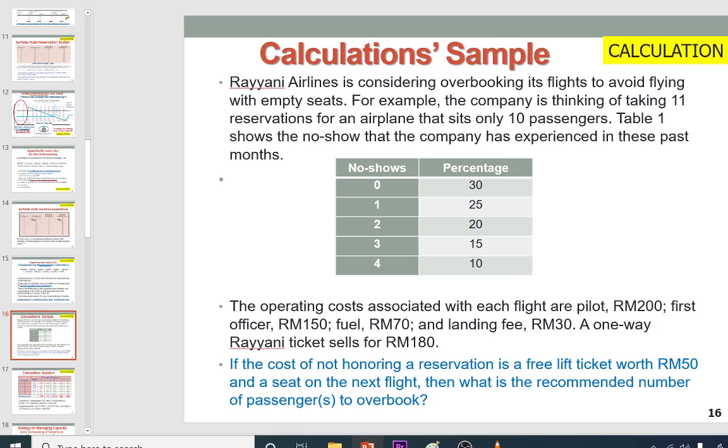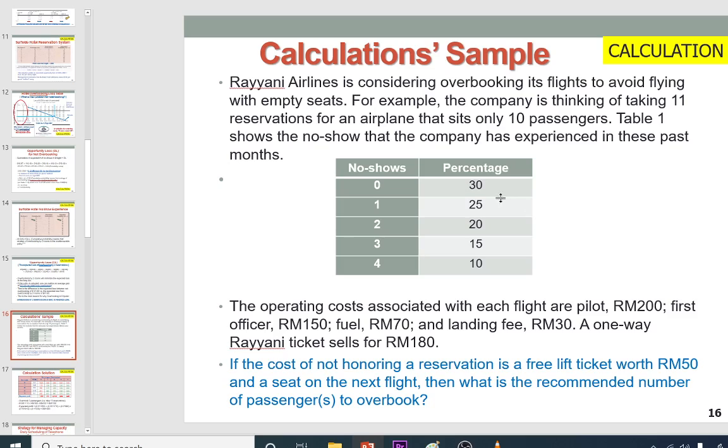The scenario is Ryanair Airlines is considering overbooking of its flights to avoid flying with empty seats. For example, the company is thinking of taking 11 reservations for an airplane that seats only 10 passengers. So how many overbookings does it mean? It means only one overbooking.